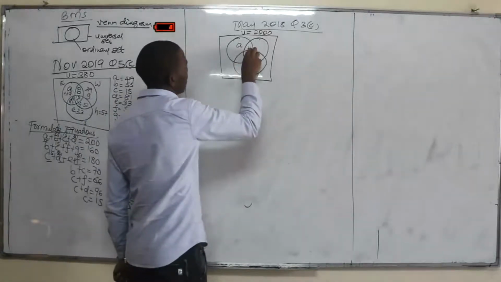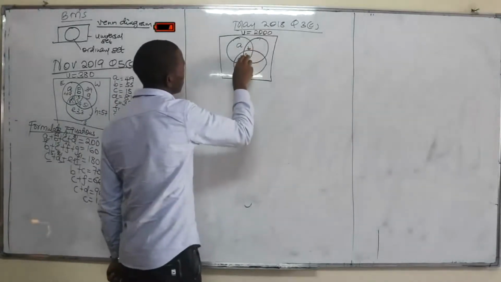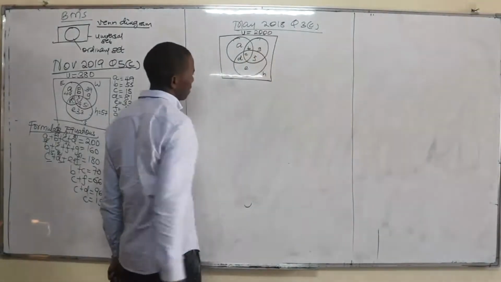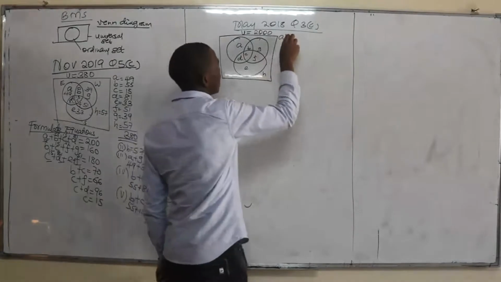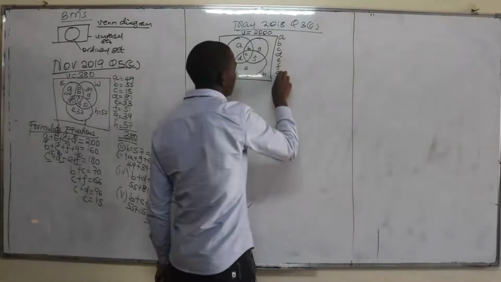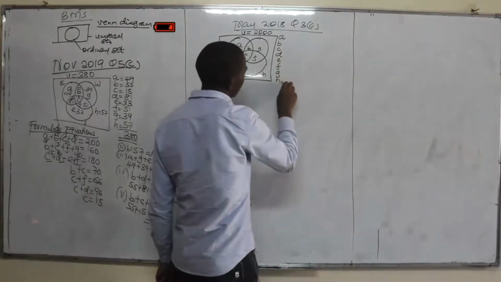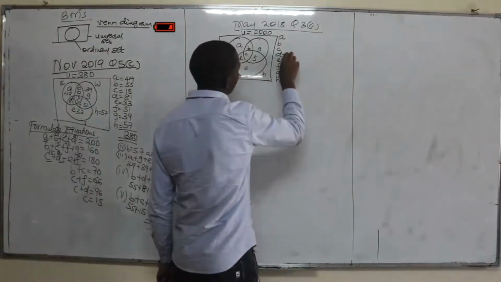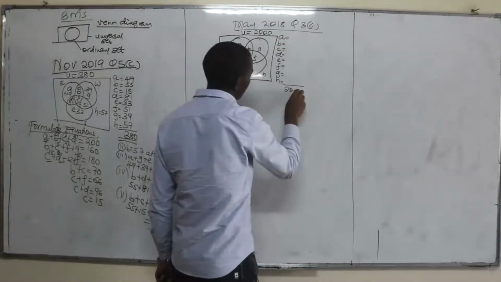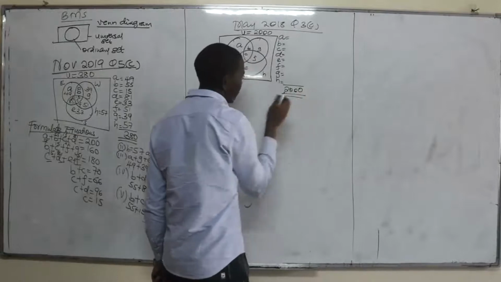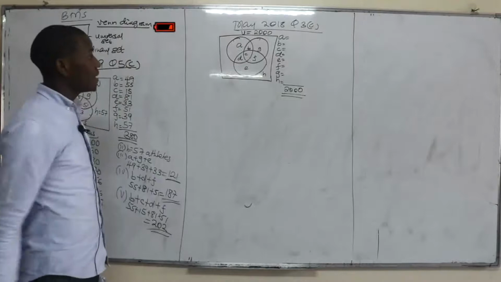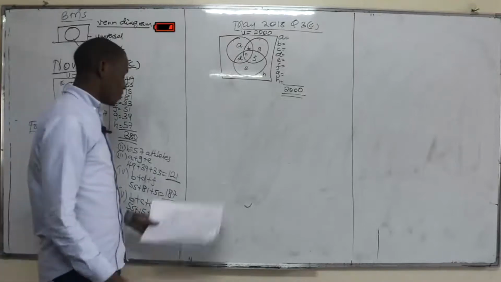So A, B, C, D, E, F, G, and H, which in this case are supposed to give us a value of 2,000. So with that now, we can formulate the equations.